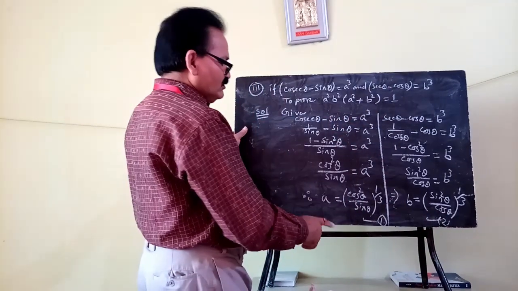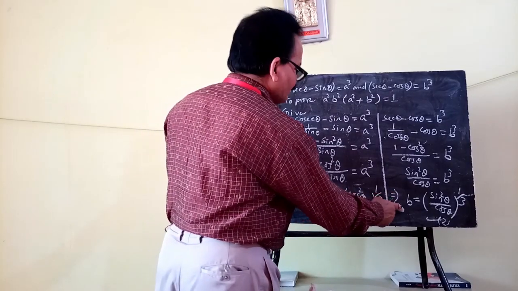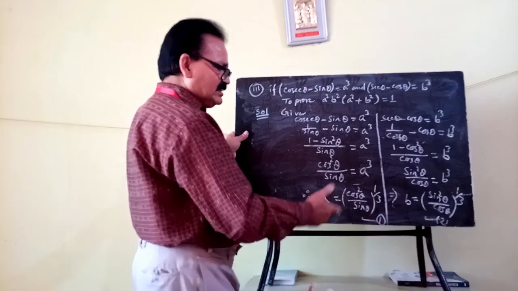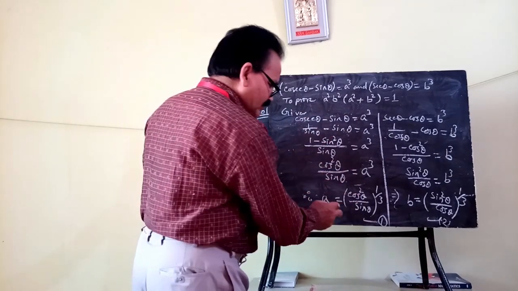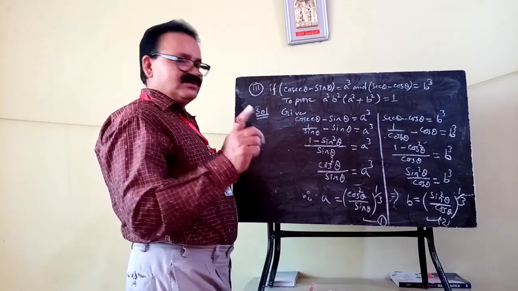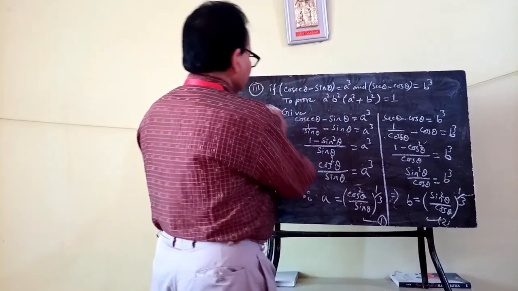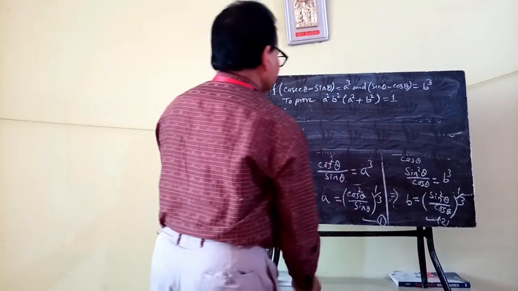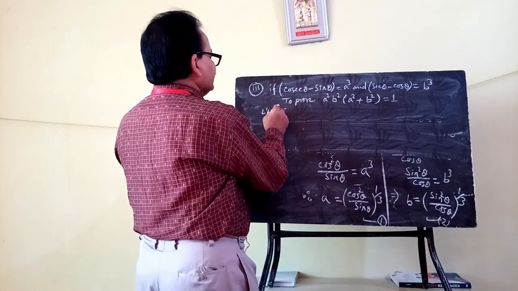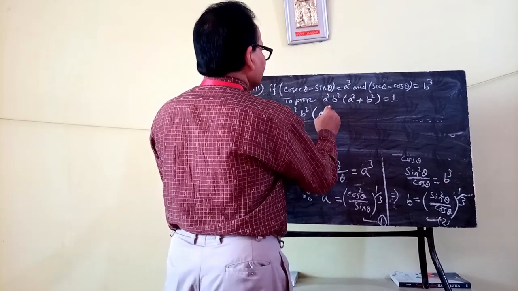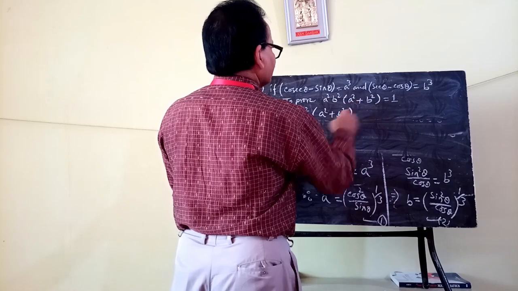Okay, so now you have got a, you have got b. So a square and b square accordingly you can find out. So from equation 1 and equation 2 you substitute in your LHS. Clear? So your LHS, I mean left hand side, is a square into b square into a square plus b square.